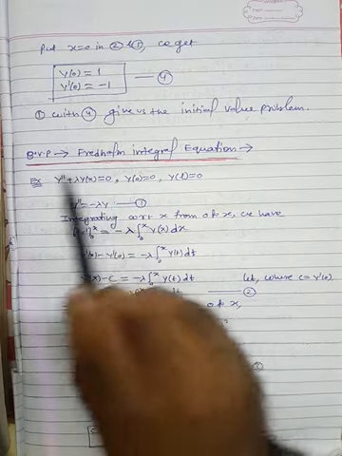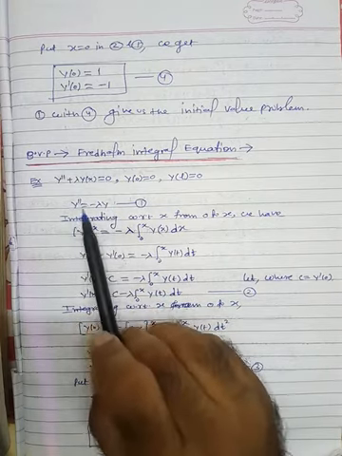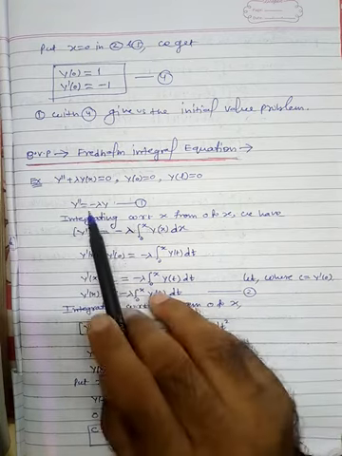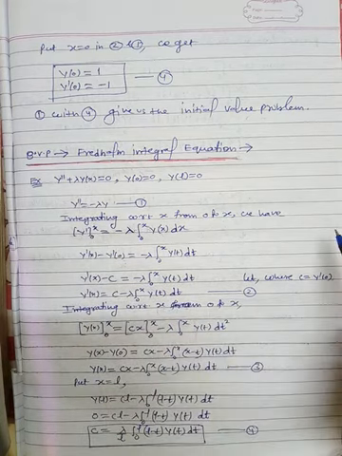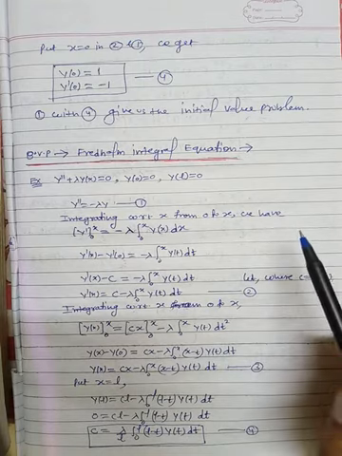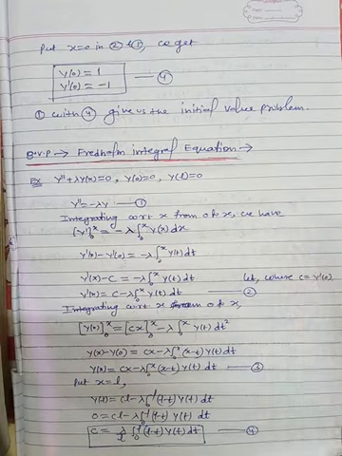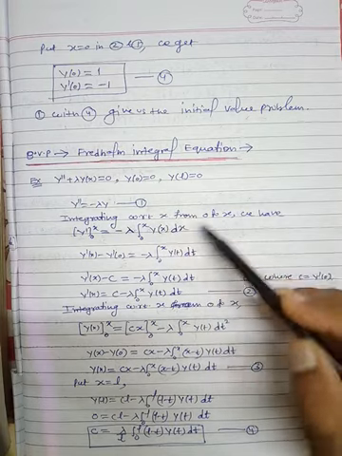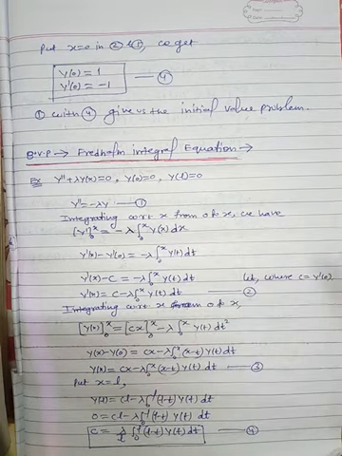So just rewrite this equation as: second derivative on the left hand side and the rest of the term, that means lambda y(x), on the right hand side, so minus lambda y. Now integrating both sides, again take the lower limit as 0 and the upper limit as x.